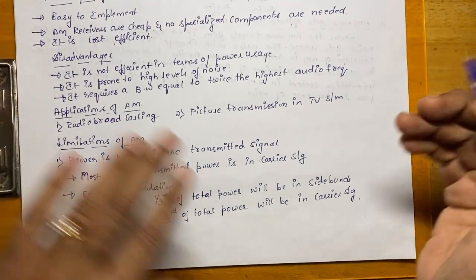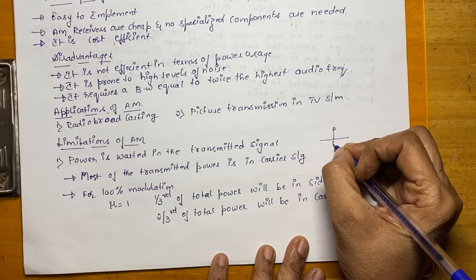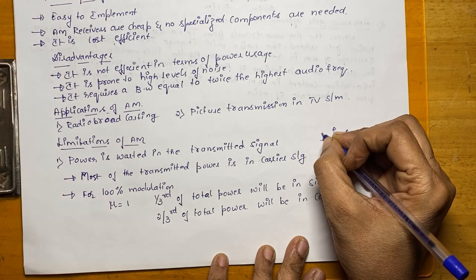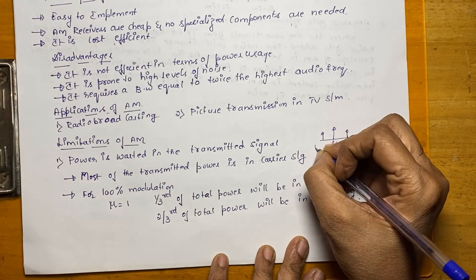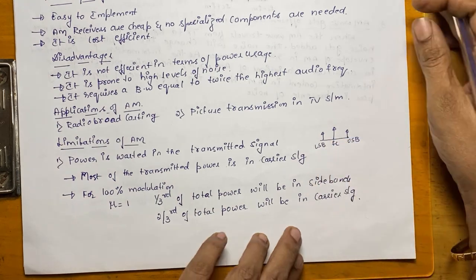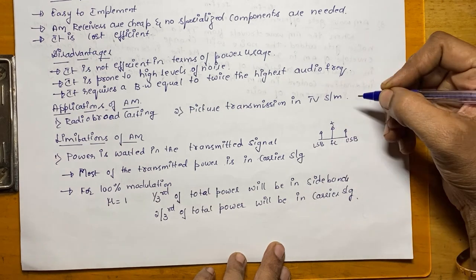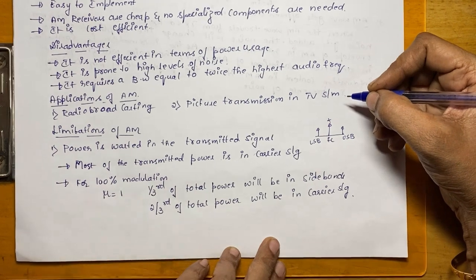We know that in an AM signal, there is a carrier signal at a frequency Fc, and there are two sidebands, that is the upper sideband and the lower sideband. We also know that this carrier signal does not contribute anything to the information because it does not carry any information.